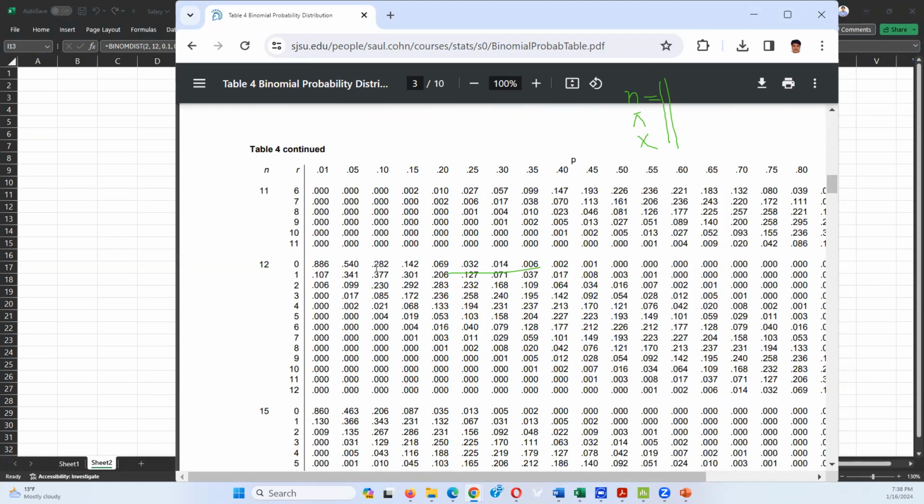If you look, this is for 0, for 1, for 2, and all together up to 12. Combined, all is 1. This is 23%, where x equal to 2, probability is 10%, and n is 12.